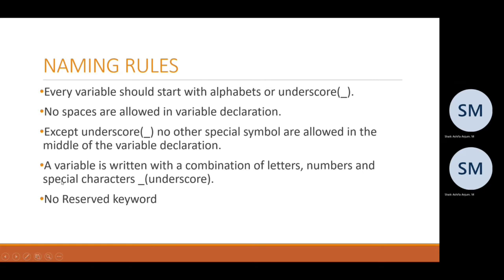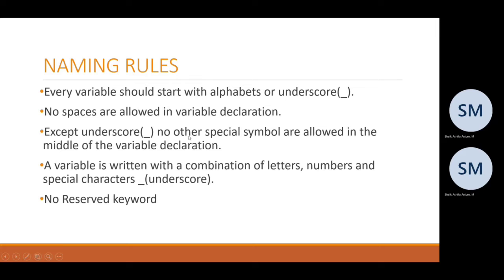There are some rules while giving a name to an identifier or variable. The first rule is that every variable should start with an alphabet or underscore. Digits are not allowed at the beginning of the variable. No spaces are allowed in the variable declaration.